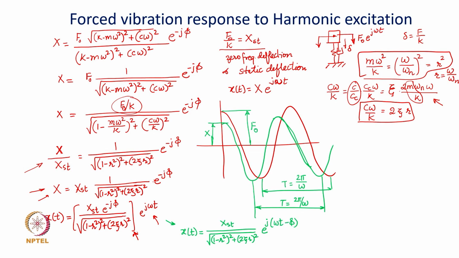I club the two exponential terms together, and that is how we get it. Now, x of t with our initial definition here is a complex quantity.